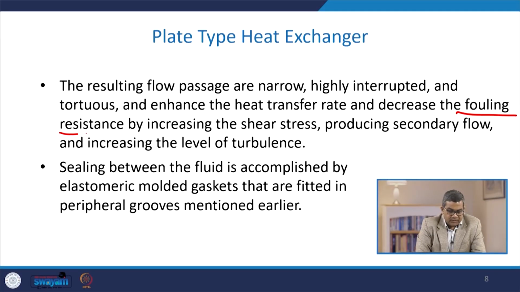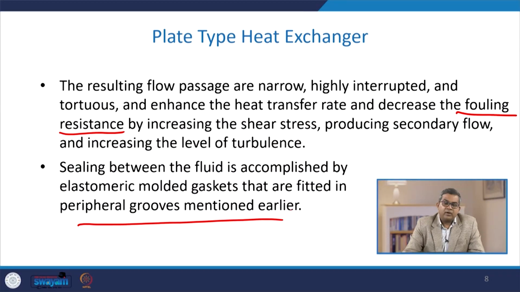So the resulting flow passages are narrow, highly interrupted and tortuous, and they enhance the heat transfer rate and decrease the most important fouling resistance by increasing the shear stress, producing secondary flow and increasing the level of turbulence.